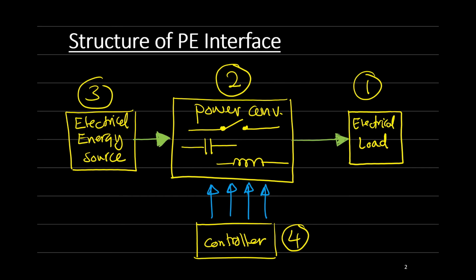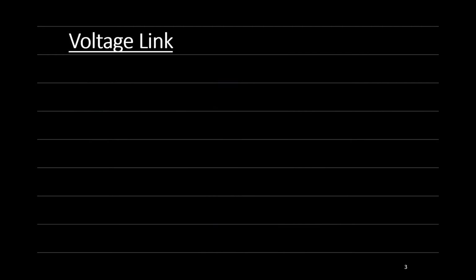This structure, the power electronics converter, can be either one of two things. It can be either voltage link, voltage source, or current link, current source. When we talk about the voltage link or the voltage source, we mean we have a constant voltage source.